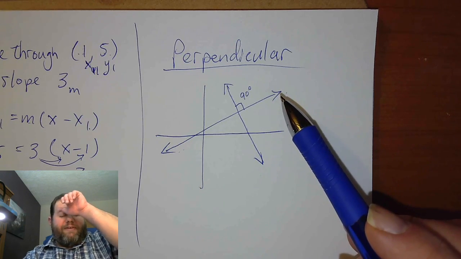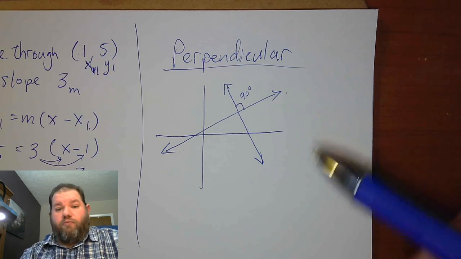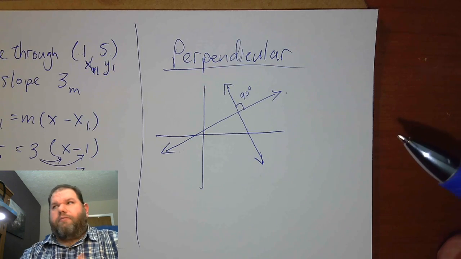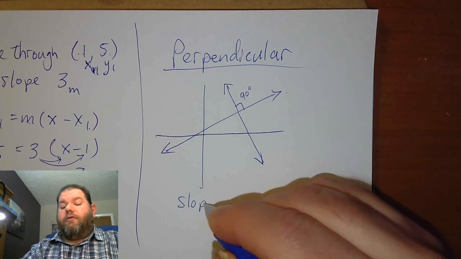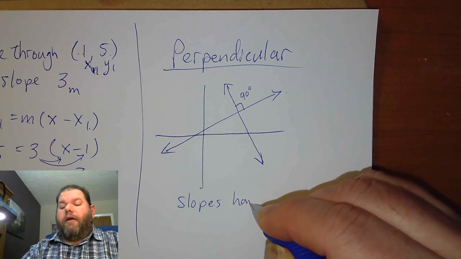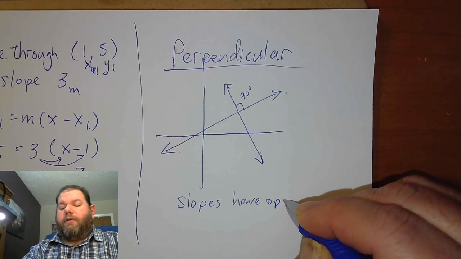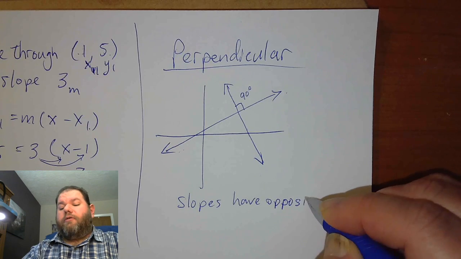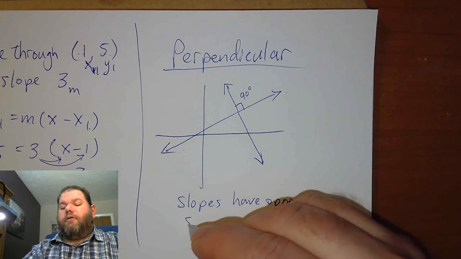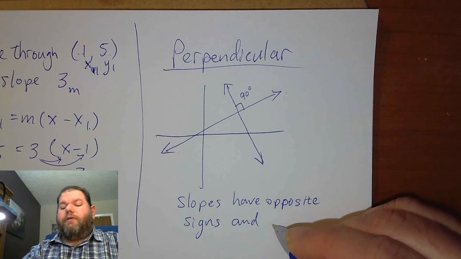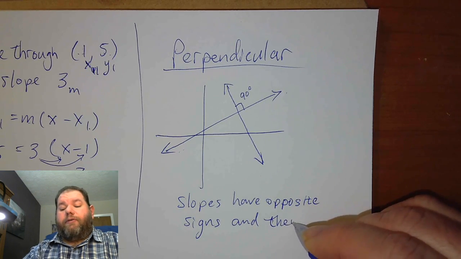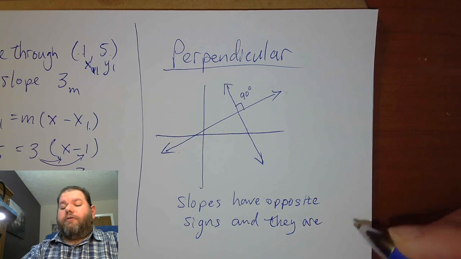Now, there is a specific way that we can compare the two, or find one from the other. The slopes have opposite signs. We know that's true. And they are reciprocals of each other.